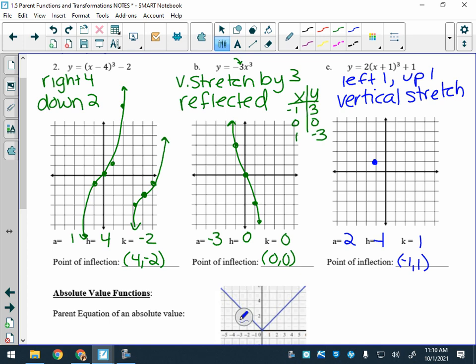Okay. How did you guys find other points? What did we do? Multiply the y value by 2. So, you have to do that first, right? So, what did we get for 0? What's our y value?